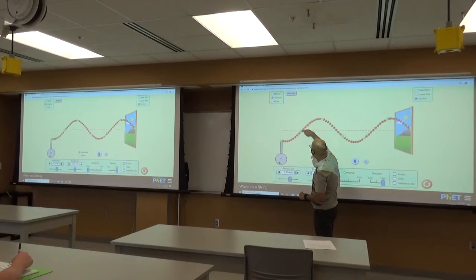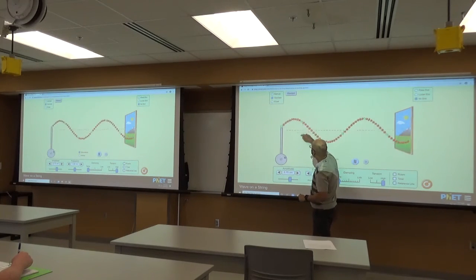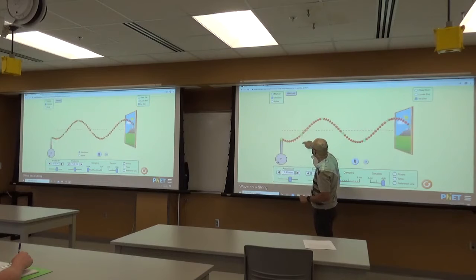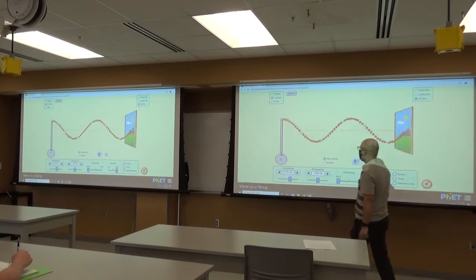So it's here and then down, here and down. You plot the height of this green dot with respect to time. That will give you the histogram. The histogram is how the particle in the medium is moving.